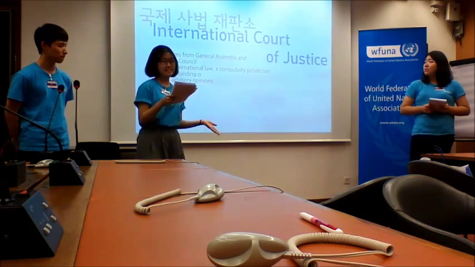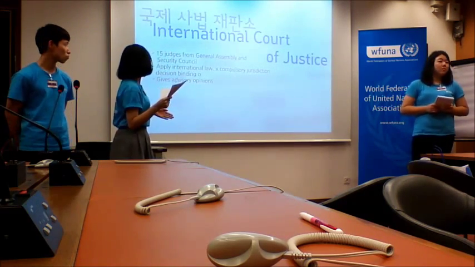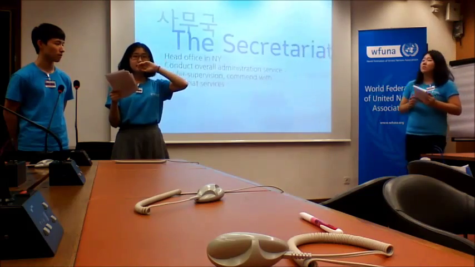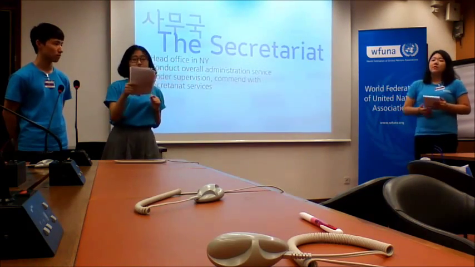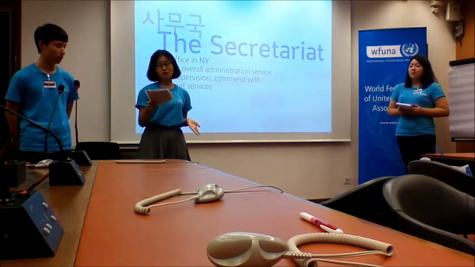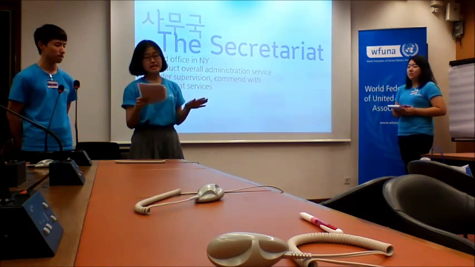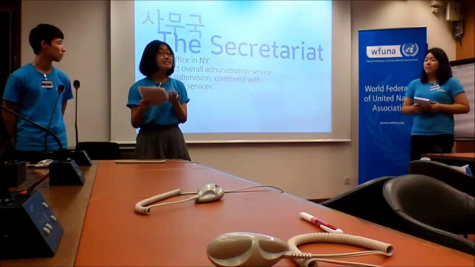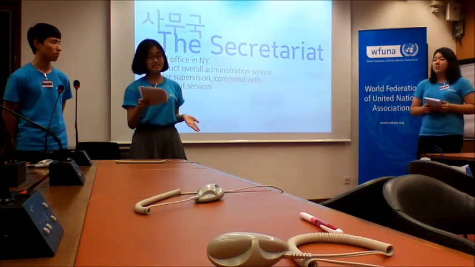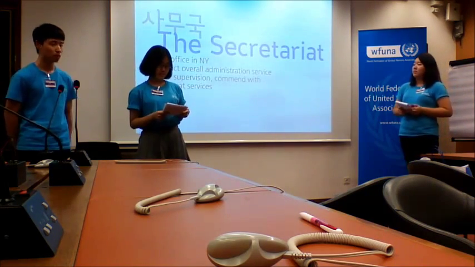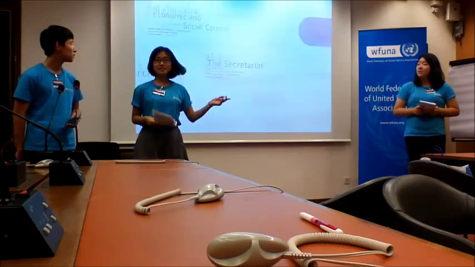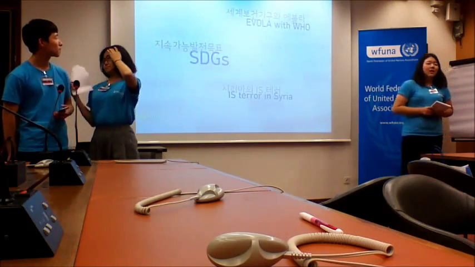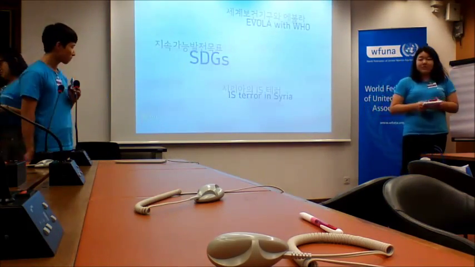And lastly, the Secretariat. The Secretariat conducts overall administration services in the United Nations and supervises secretary services, and thousands of staff dedicate themselves to around-the-clock issues. Now let's move on to the activities of the United Nations.